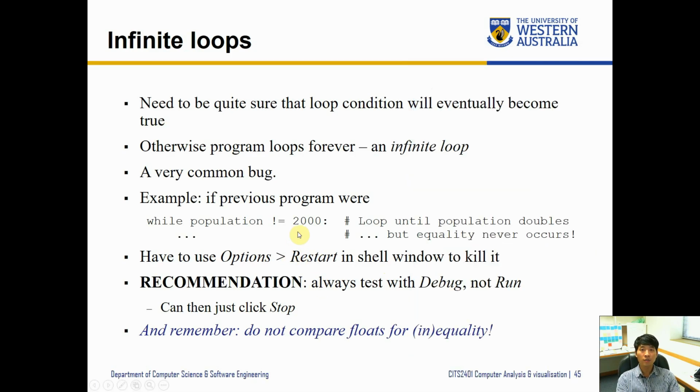Okay, so recommendation is always test with debug if you're unsure whether you're going to be stuck in an infinite loop or not. Then we can always just press stop of the debug to easily kill the program that may be stuck in an infinite loop. Okay, and again, a reminder to not compare floats for inequalities.